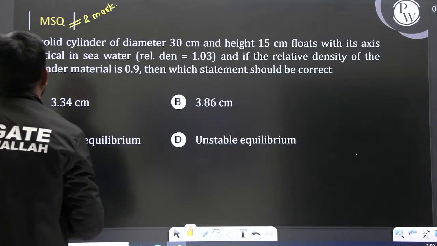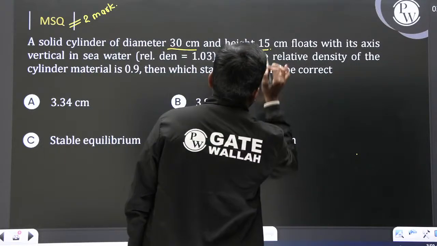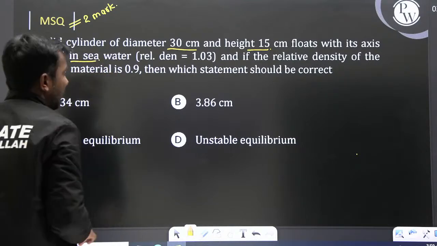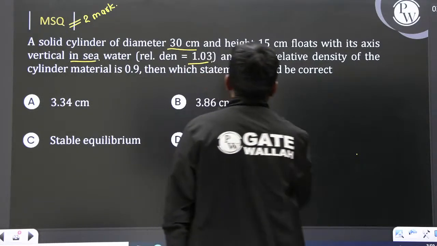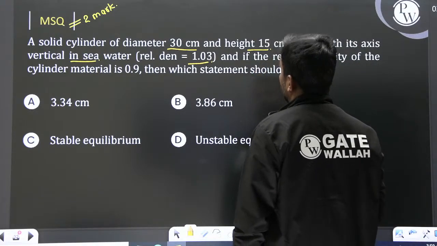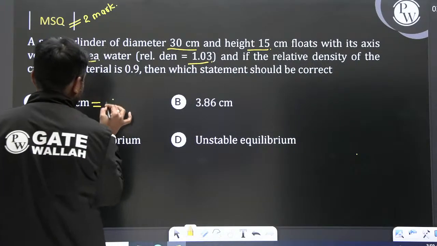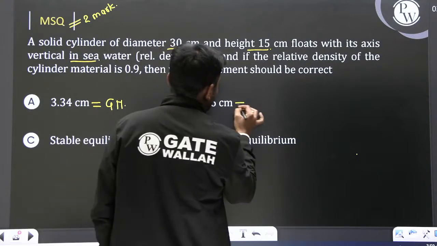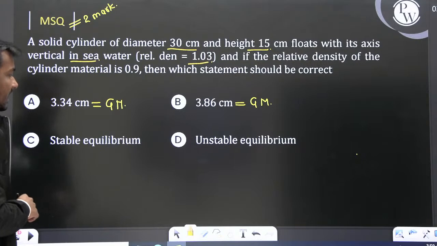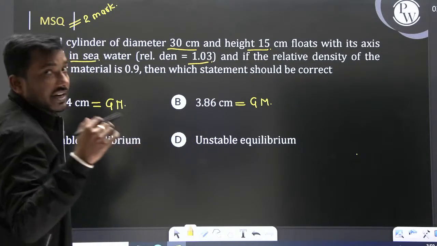What they are saying is that a solid cylinder of diameter 30 centimeter and height 15 centimeter floats with its axis vertical in sea water, relative density 1.03, and if the relative density of the cylinder is 0.9, then which statement should be correct? Okay, and that is GM, G of metacentric height, G of M. You need to determine the GM, and once you get the value of GM, you should predict the state of equilibrium.